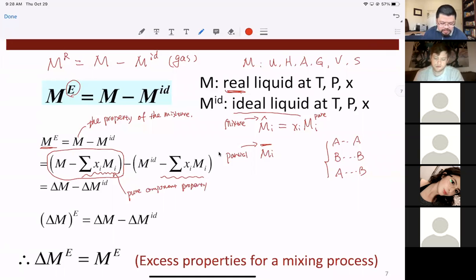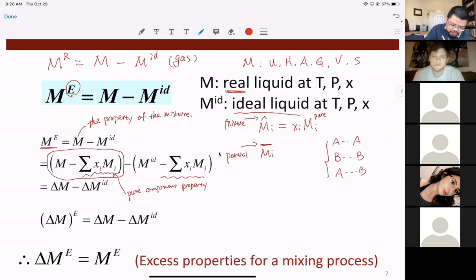Then we can see that in the first parenthesis, this is the actual mixing property change. Okay, so when we have water, when we have ethanol, and we have the property of water and ethanol in their pure phase, when we mix the water and ethanol into one liquid phase, then we will have some volume change according to our life experience.